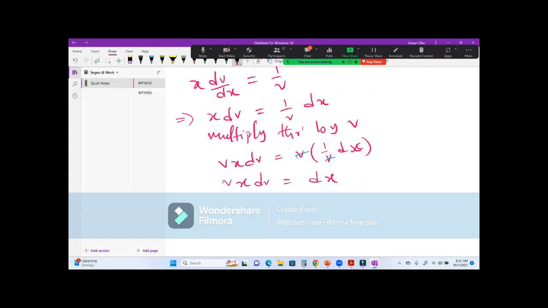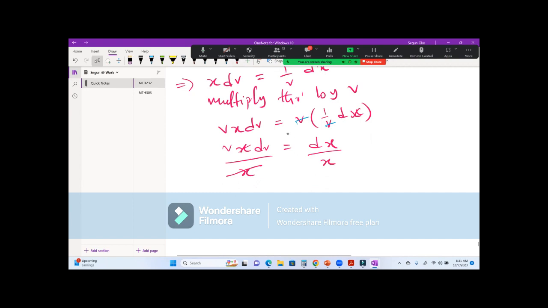So we need to divide through by what? x also. When you divide through by x, this x also will cancel. So at the end of the day, we have v dv equals 1 all over x dx.